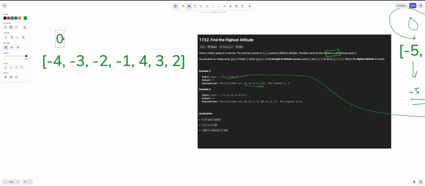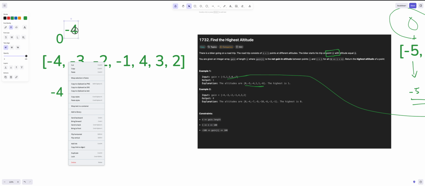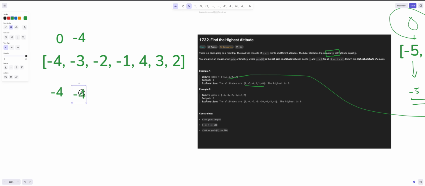So 0 and negative 4 will be negative 4 for sure. Negative 4 and negative 3 will be negative 7. Negative 7 and negative 2 will be negative 9.